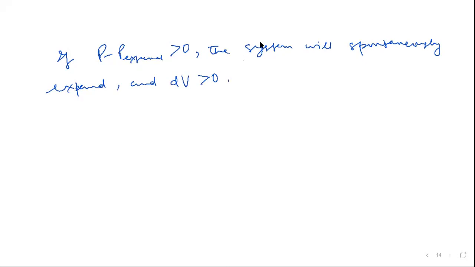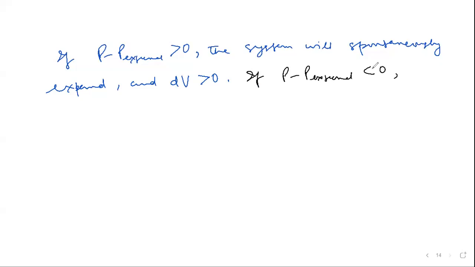And if p minus p external is negative, that is less than 0, because p external then is greater than p, what will happen?